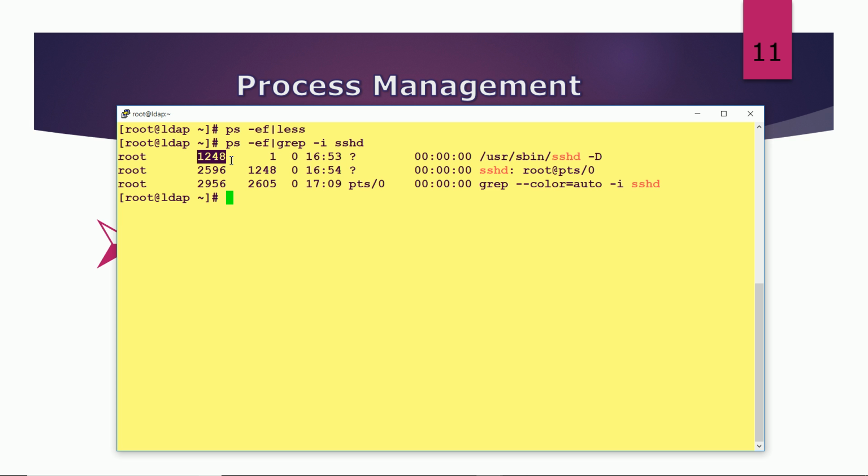Suppose I am going to kill 1248. It will kill 1248 as well as this process, because this is the child process of 1248.